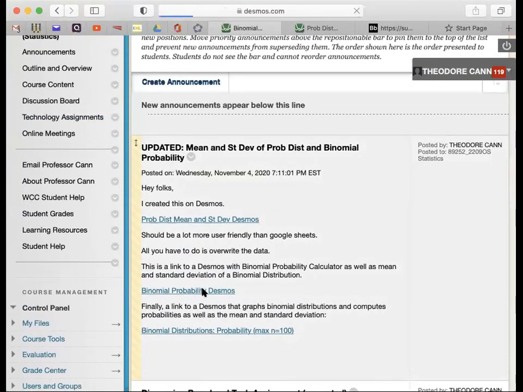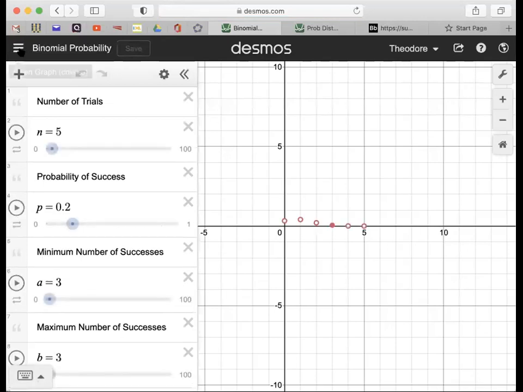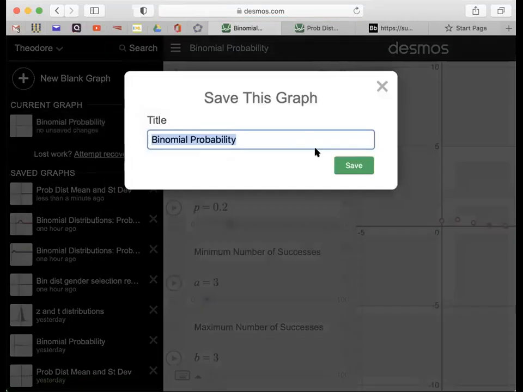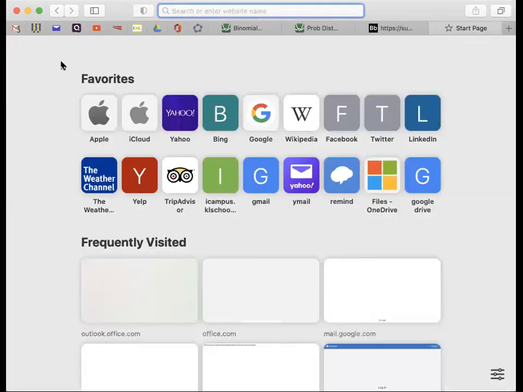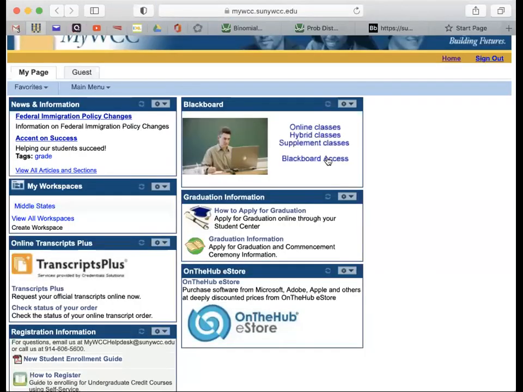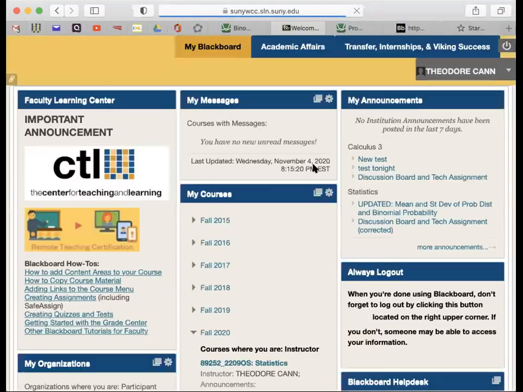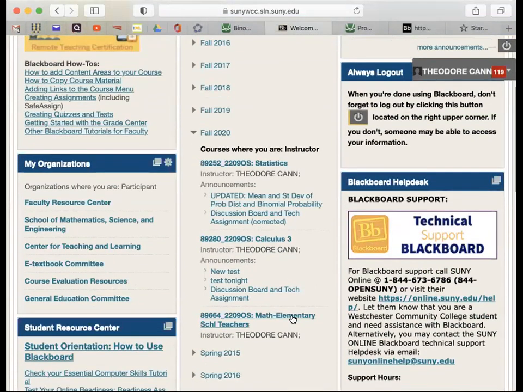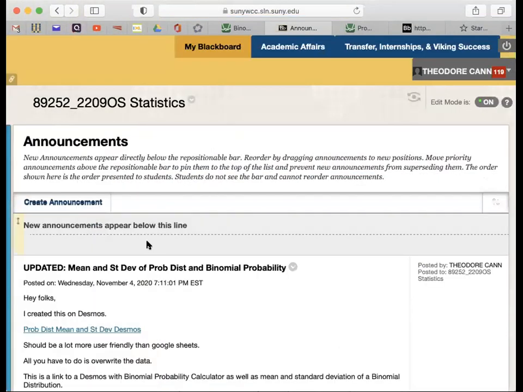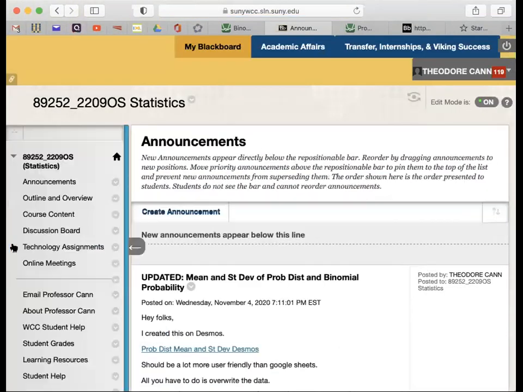Binomial probability Desmos. You click on that one and you save it. So again, save me, and then you do it again. I'm just doing it the long, boring way, because I set it up to not open a new tab, which I regret now. But what can you do? I could change it, but I'm not going to do that now.